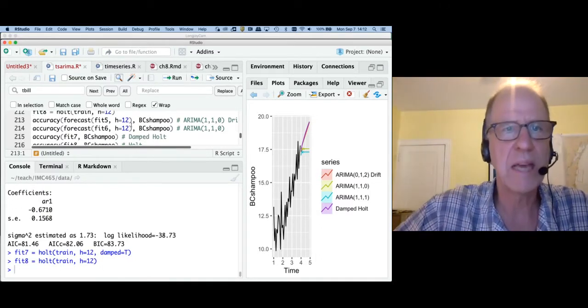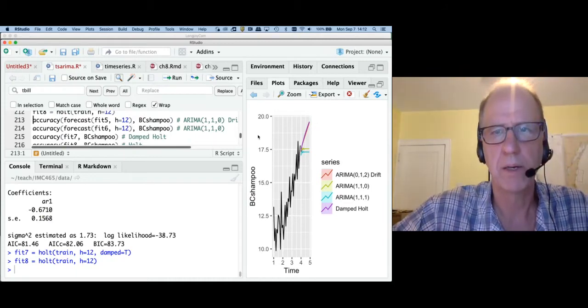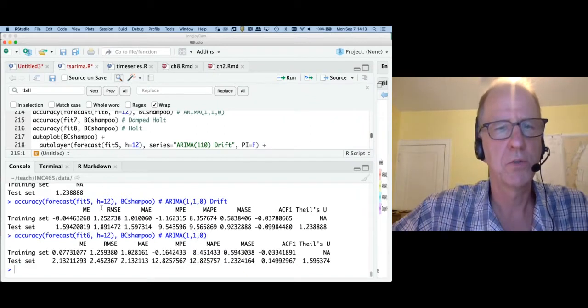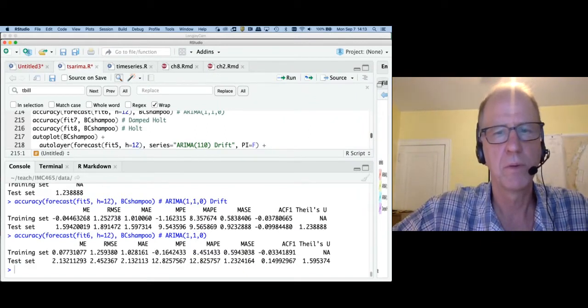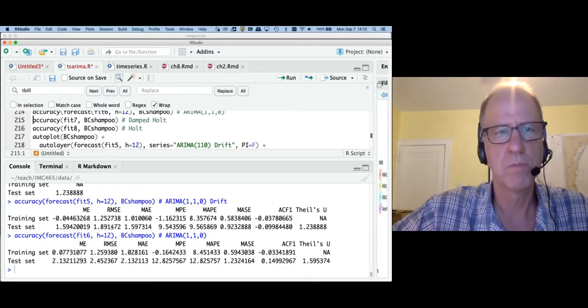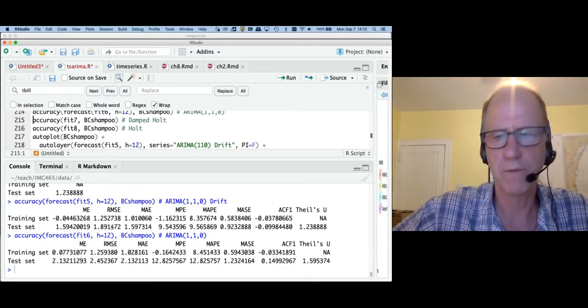We can use the accuracy function to compare the measures on the test set. Here we have our measures for the drift model, for the one without drift. What we see is that on the training set, both models do pretty well, but on the test set, the one with the drift term does much better, as we saw from the plot.